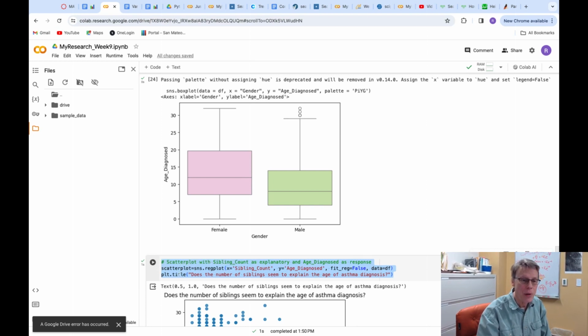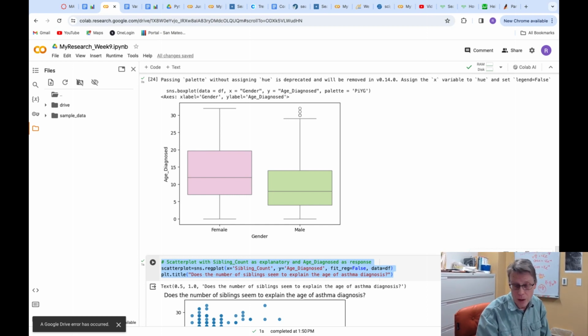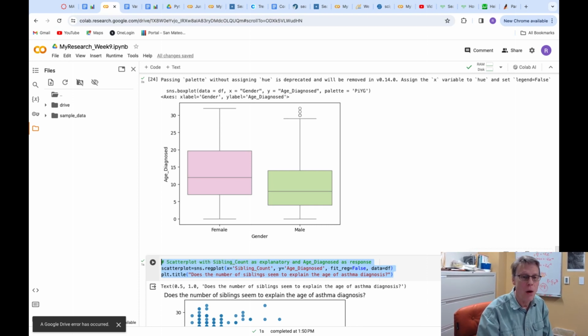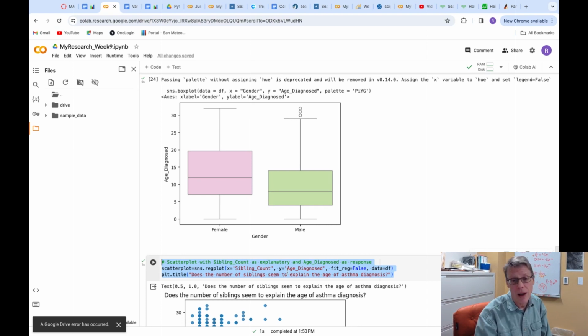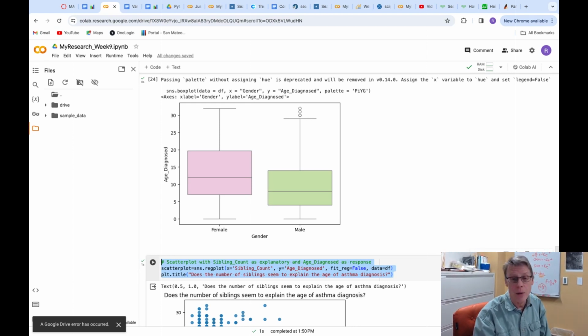The name of a plot where you do a quantitative variable as the input explanatory variable and also a quantitative variable as the output response variable, that's called a scatterplot. And all it is is a bunch of ordered pairs, like from algebra, because all these X values are a bunch of numbers and all these Y values are a bunch of numbers, and each person has however many siblings they have and what age they were diagnosed with asthma.